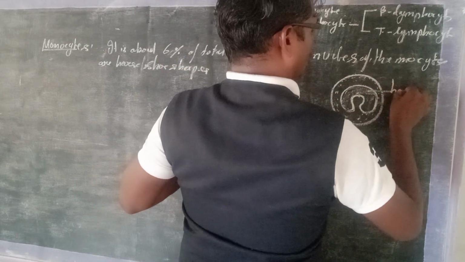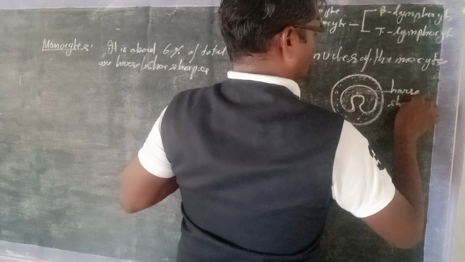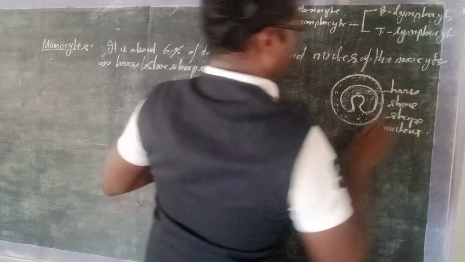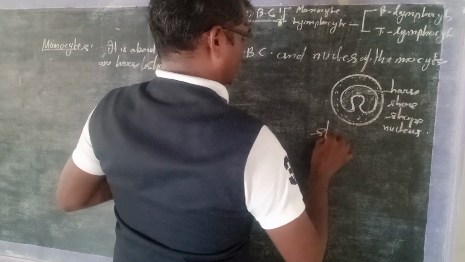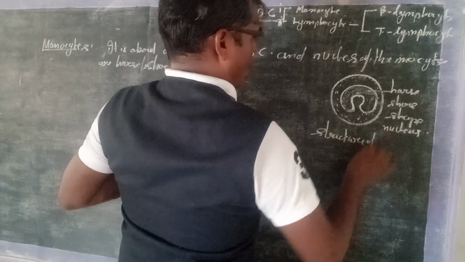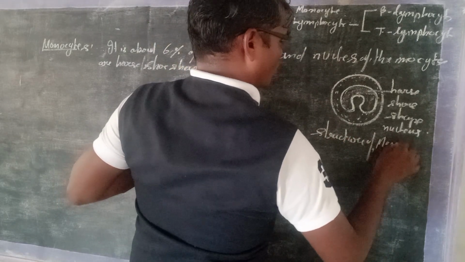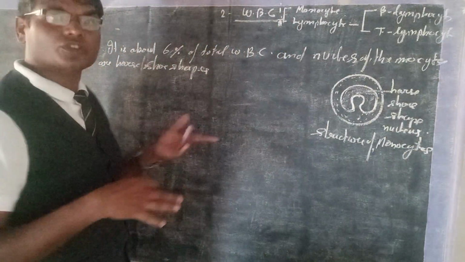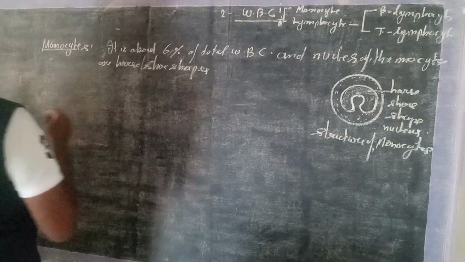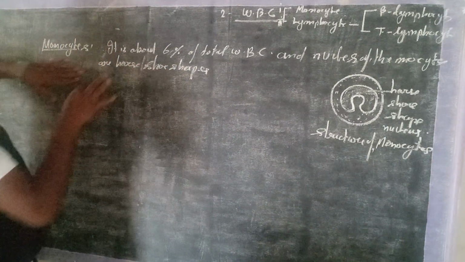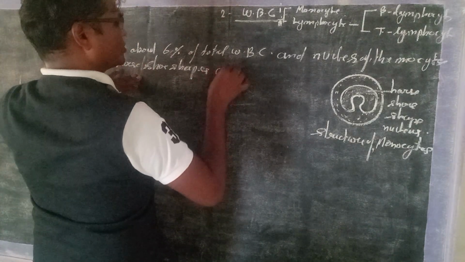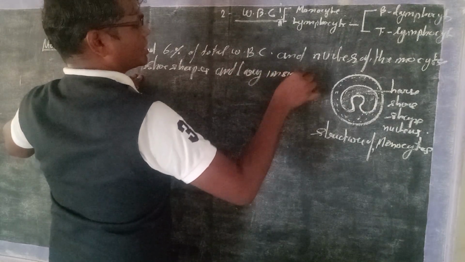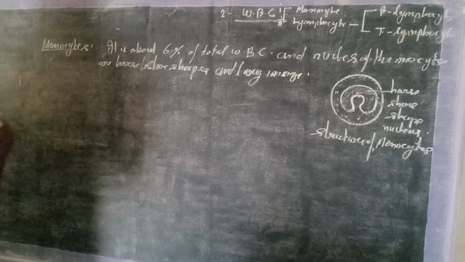This is the horseshoe shaped nucleus and structure of monocytes of blood. I have described these to you one by one. The nucleus is large in size and horseshoe shaped.